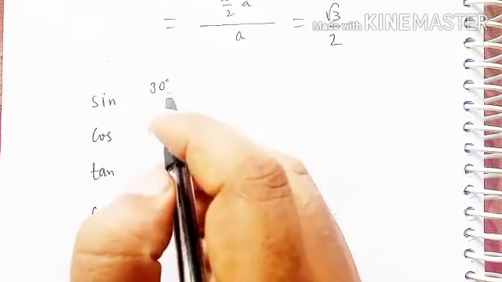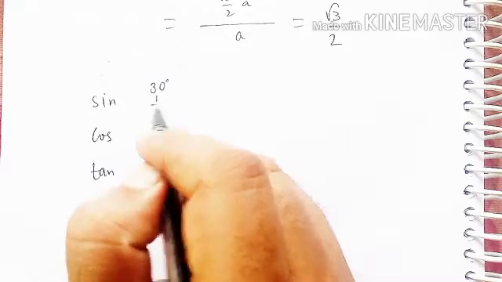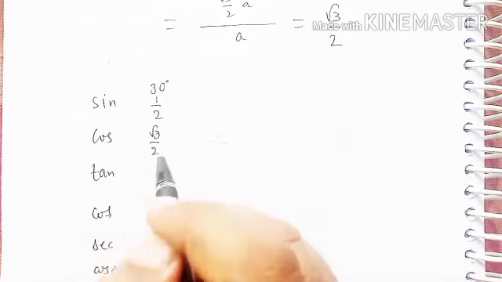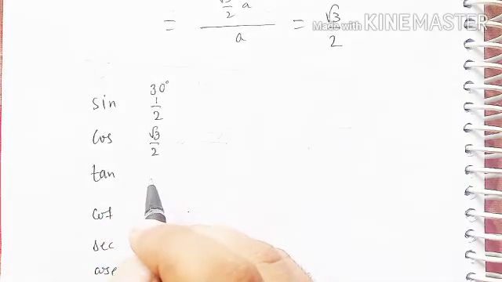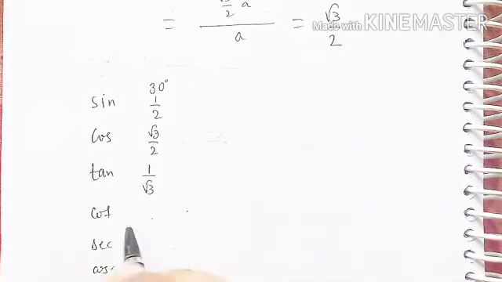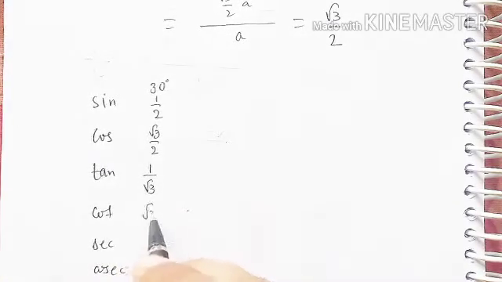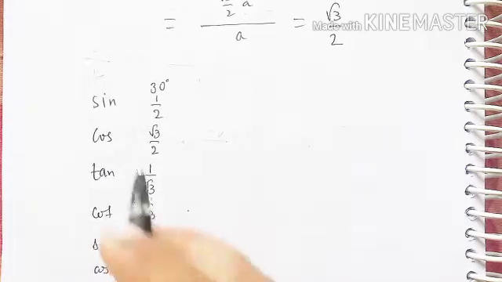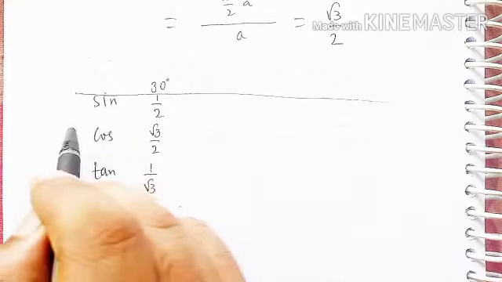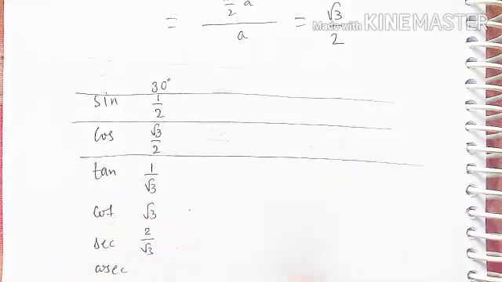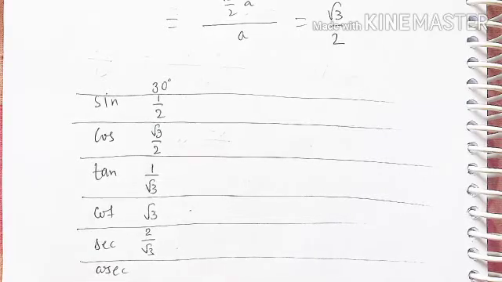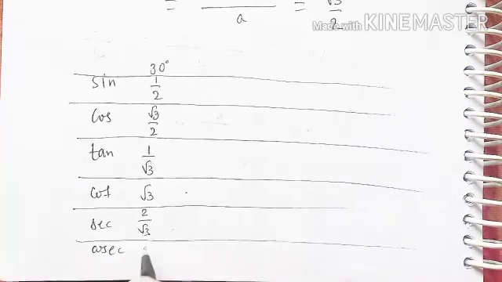For 30 degree, sin 30 degree we have obtained 1 by 2, cos 30 degree we have obtained root 3 by 2, tan 30 degree is sin 30 degree by cos 30 degree, root 3 by 2, so we have 1 by root 3. Cot 30 degree is the reciprocal of tan 30, sec 30 is the reciprocal of cos 30, and cosec 30 is the reciprocal of sin 30.